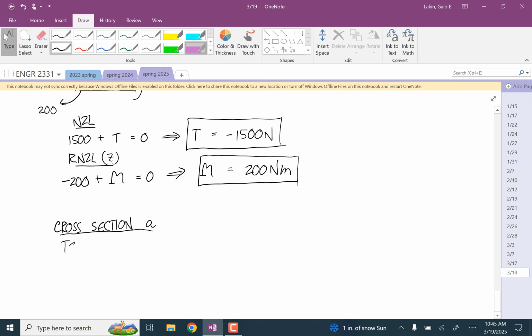For the tension compression, we know that sigma xx is equal to the internal tension divided by the cross-sectional area.